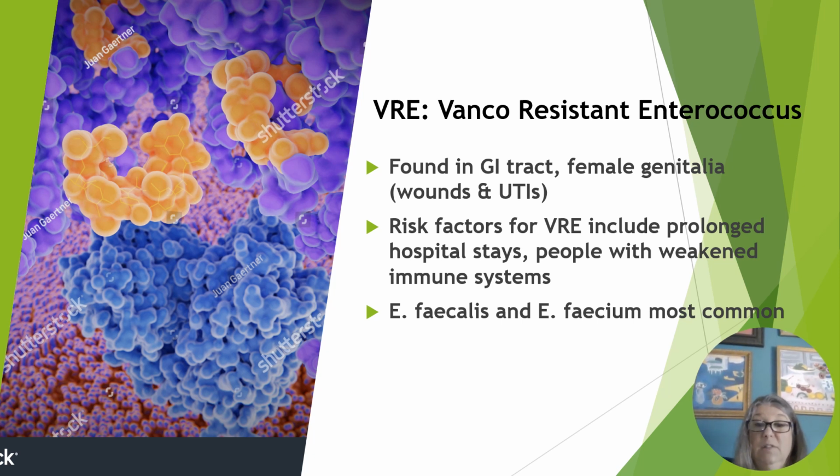So prolonged hospital stay, people with weakened immune system. This includes our ICU patients, transplant patients, cancer patients, anyone who has had prolonged exposure to antibiotics, especially maybe vanco and cephalosporins, people with recurrent UTIs, and anyone who has an invasive procedure or device.